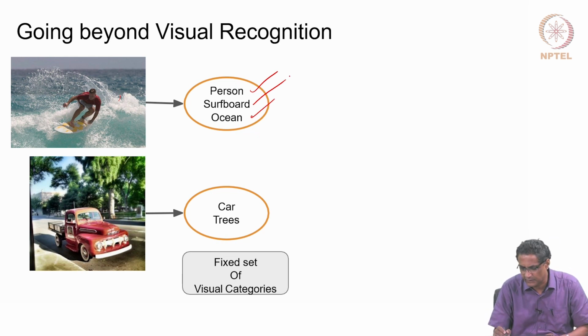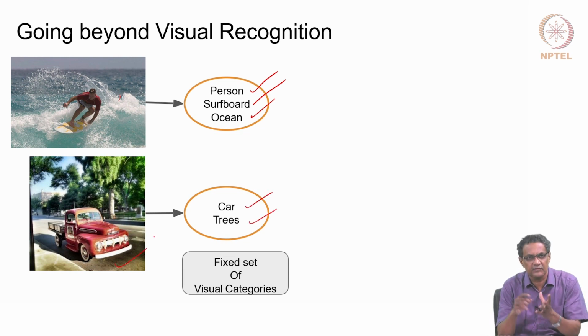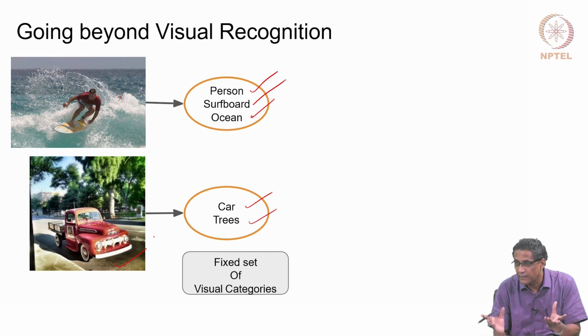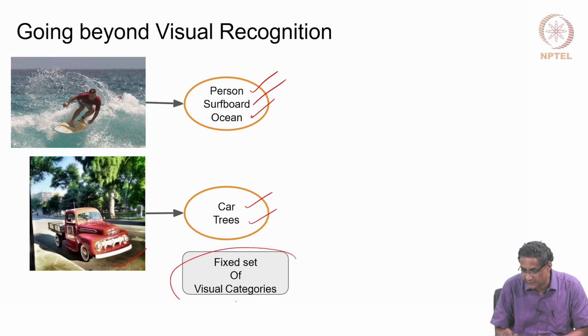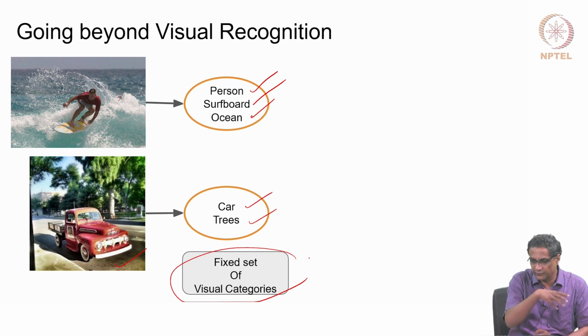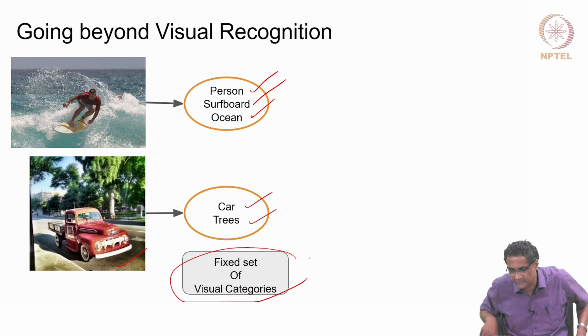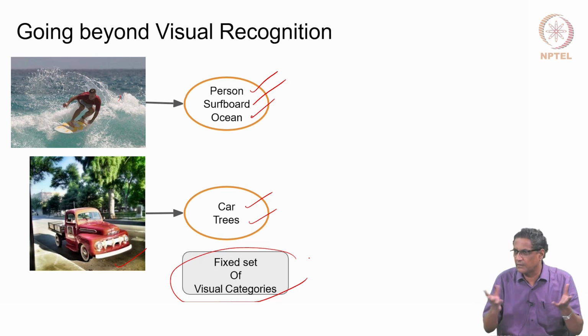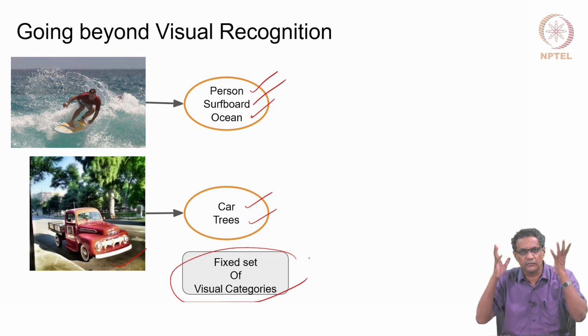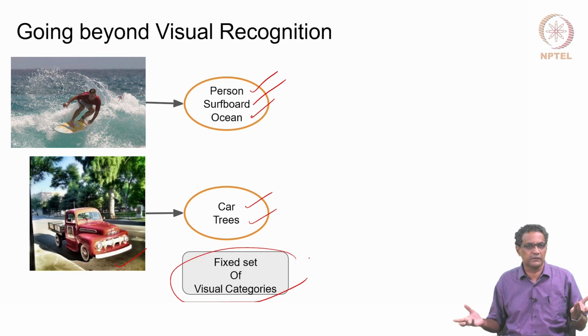So you could think of multiple options. Here maybe it's about the car, it's about the trees, it's about the road. You expect all of them to come up when you want to say something about that image, as opposed to a fixed set of visual categories. If you look at what we did previously, when we did object detection, we were always talking about n classes, a fixed notion that we have in our head, maximum 1000, we don't even talk beyond that.